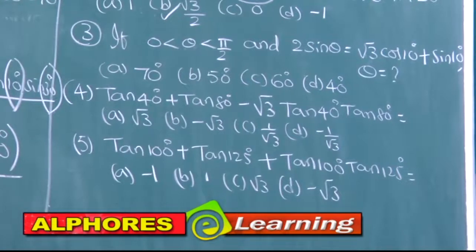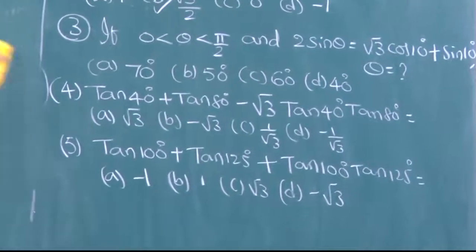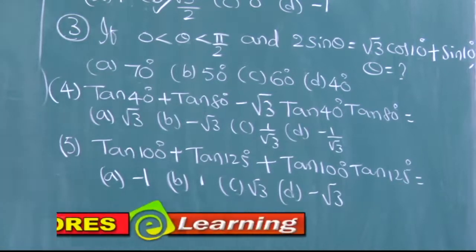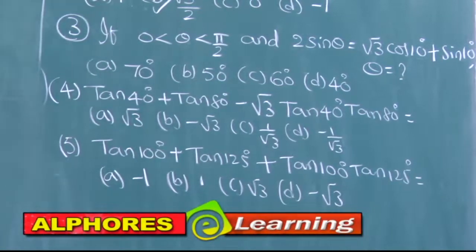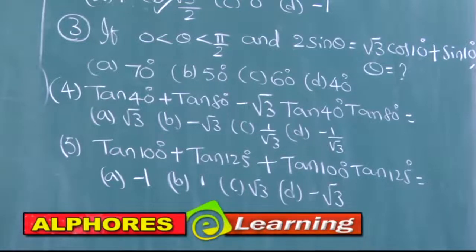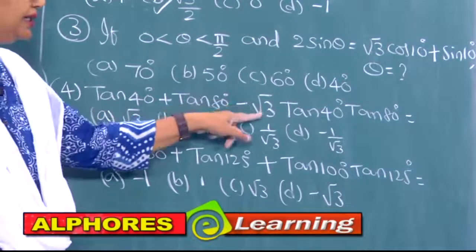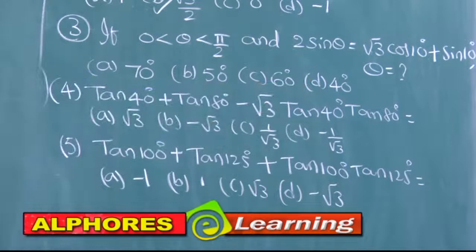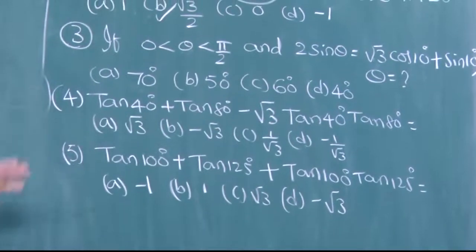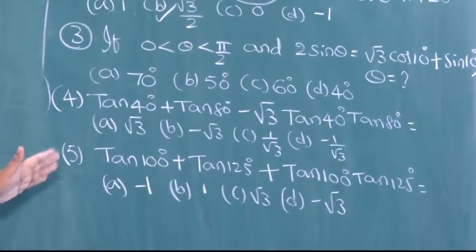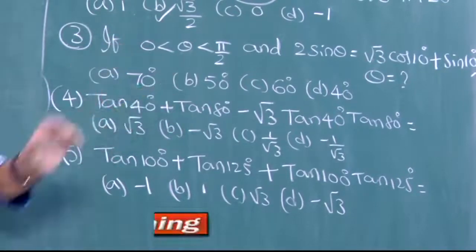Now how to solve the fourth problem? First observe the fourth problem, students, clearly. What is the fourth problem given? Tan 40 degrees plus tan 80 degrees minus some extra value also given. Every time make sure tan of A plus B is not equal to tan A plus tan B; the extra value is also there.